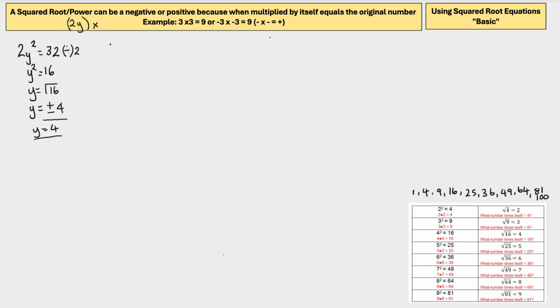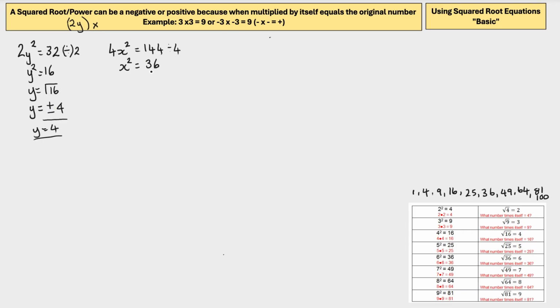So let's do another one. 4x squared equals 144. So let's take that over and divide because it's a multiply. Let's do the inverse, the opposite. So 144 divided by 4 is 36.